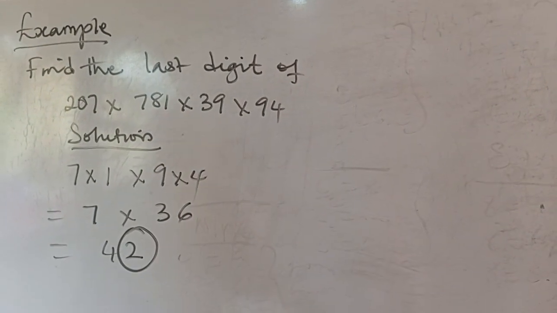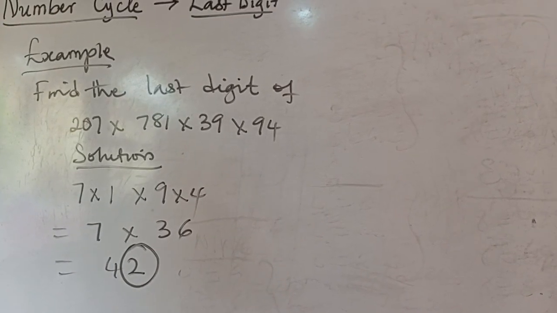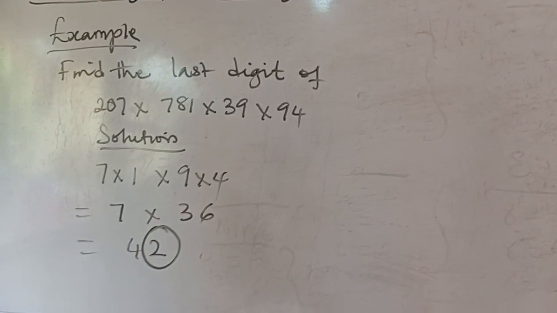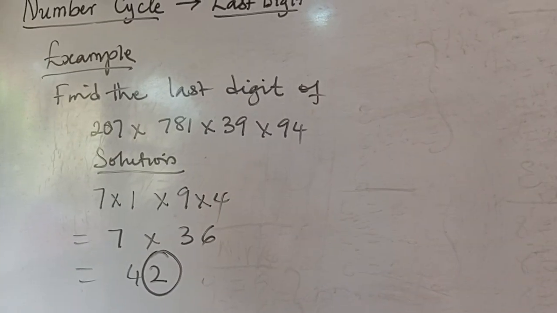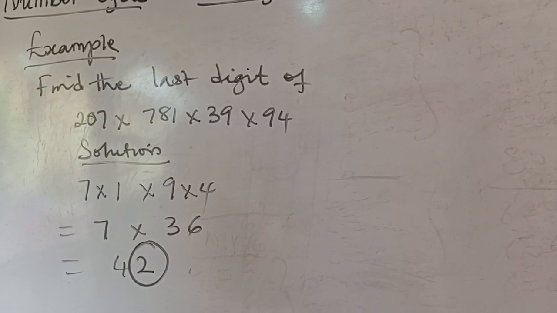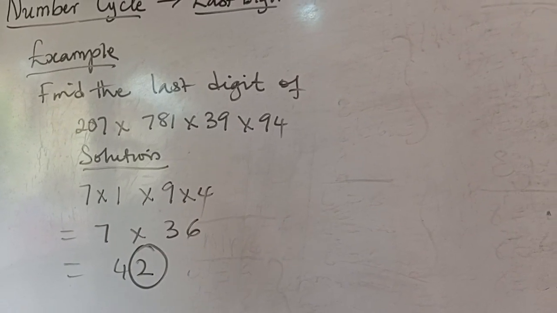Let's take another example. But before I take the next example, I want to explain that if the unit digit of the number we want to find ends with 0, 1, 5, and 6, then the resultant unit digit remains the same.